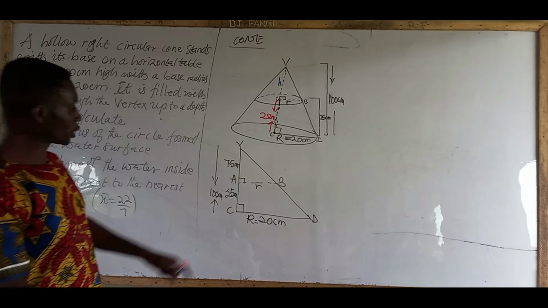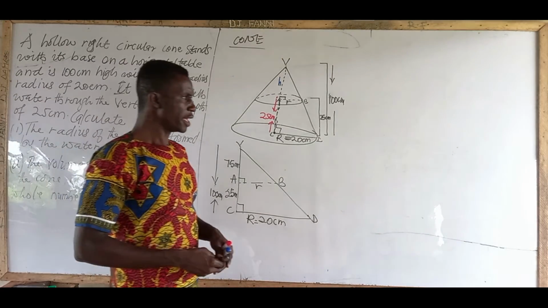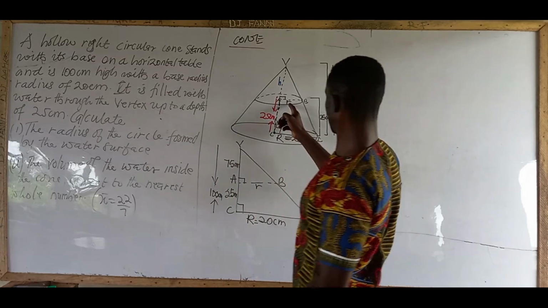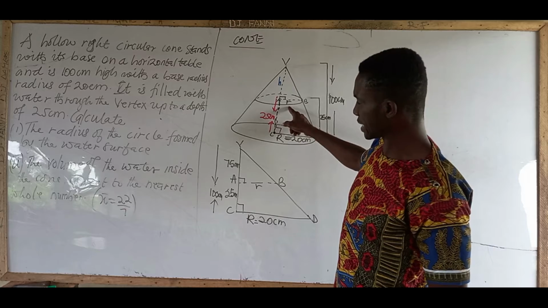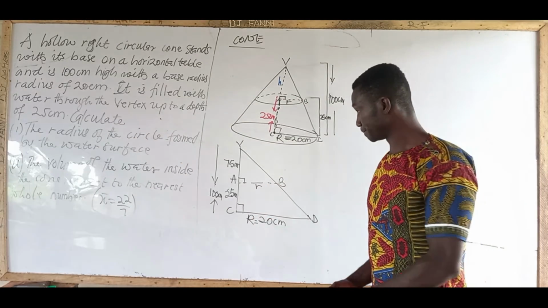Now what you have to do is calculate the radius of the circle formed on the water surface, which is the small r here. That's why it is in the question.